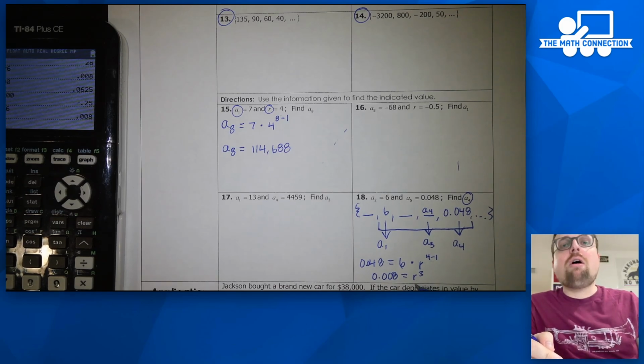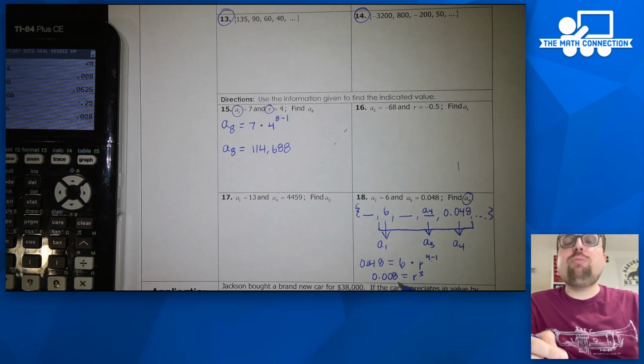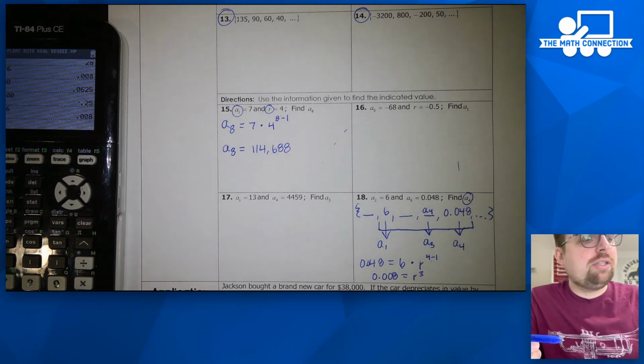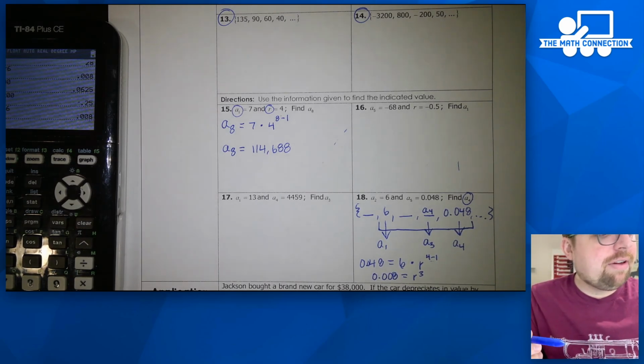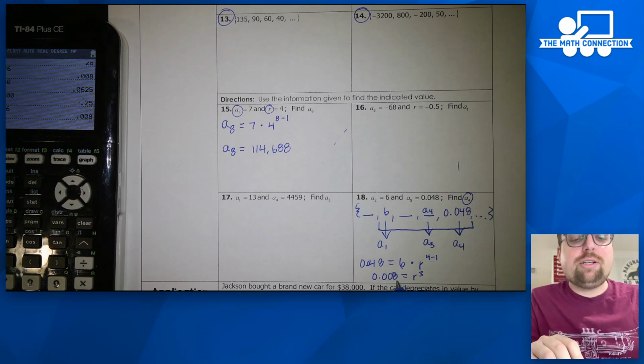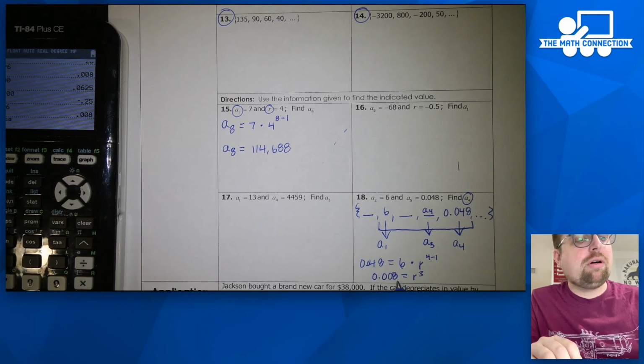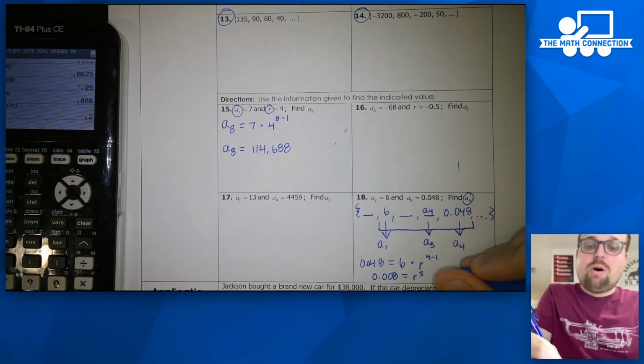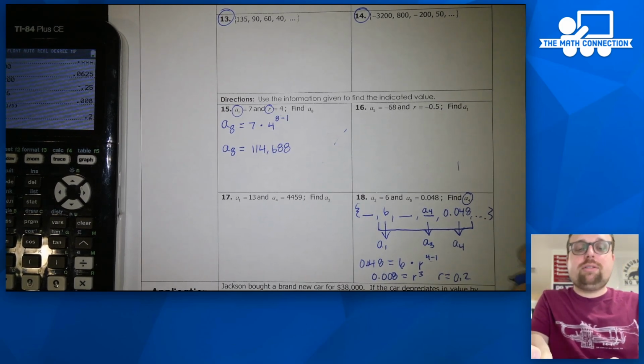How would we get r now? Well, we'd have to cube root both sides of this equation in order to get r. I have a button for that somewhere in the calculator, but the easier way would just be to take 0.008 and bring that to the power of 1/3, and that's 0.2. So our r value is 0.2, okay?